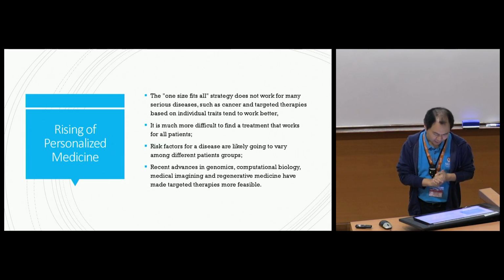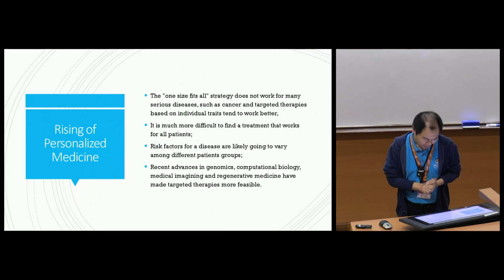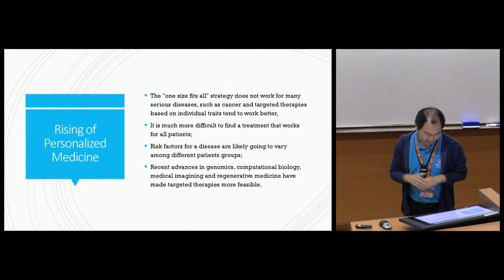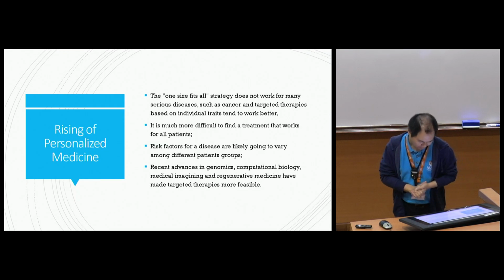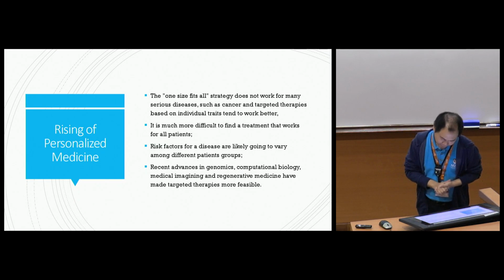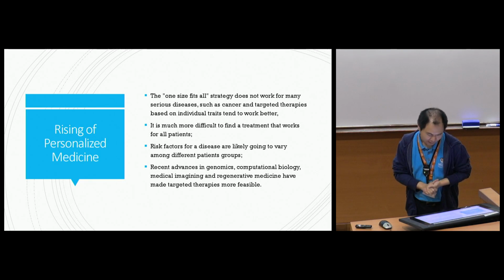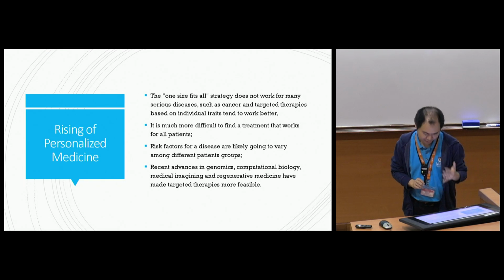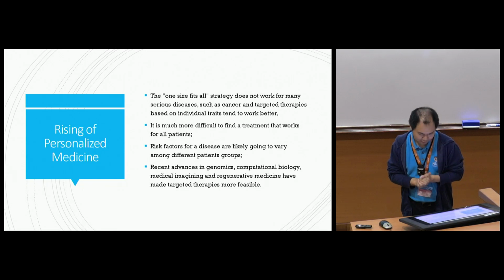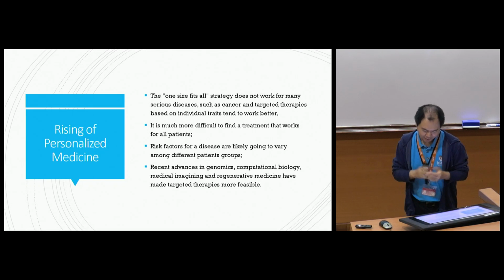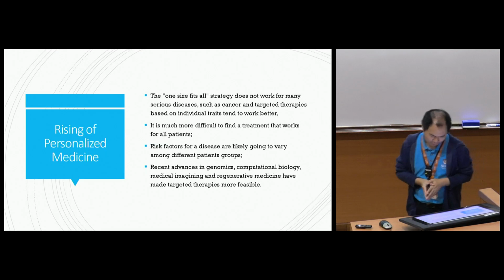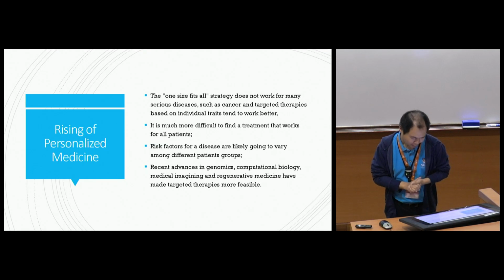There are many factors that could play in this kind of work. Subgroup analysis or personalized medicine is becoming possible only because of the recent advancement in genomics, computational biology, medical imaging, and regenerative medicine.